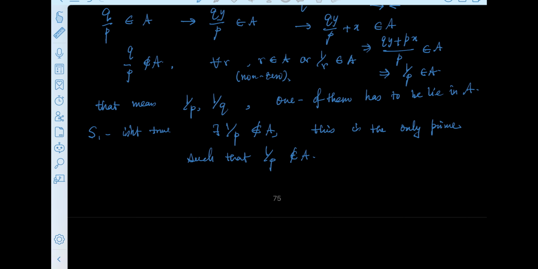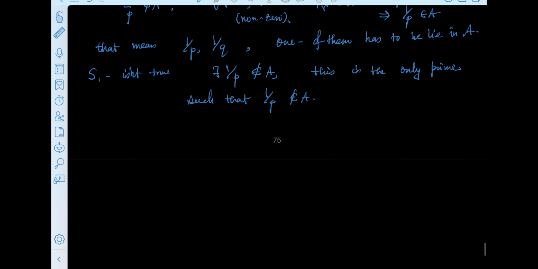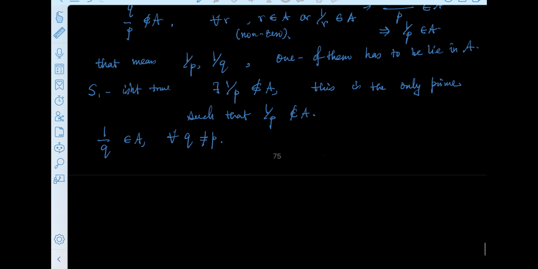So far so good. So what that means is that 1 by Q is inside A for every prime Q which is not P, as I proved here.